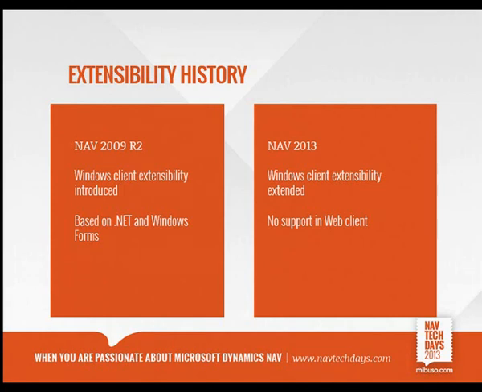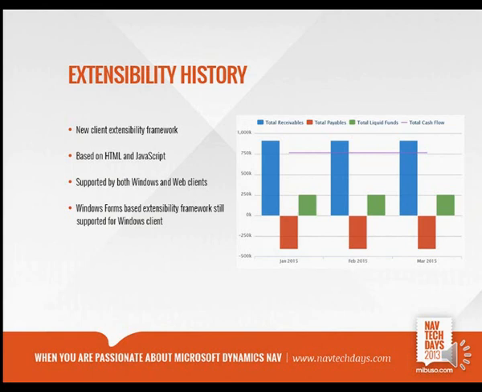So it was clear that something new was needed, and this is what we came up with in 2013 R2: a new extensibility framework inspired by the old one, with the same programming model, but this time based on HTML and JavaScript. The main advantage is that it's supported by both the Windows and web clients.